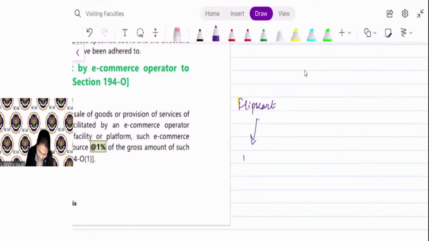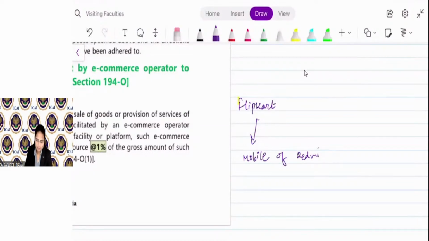The mobile of Redmi. Okay. So Redmi sold his mobile online through Flipkart.